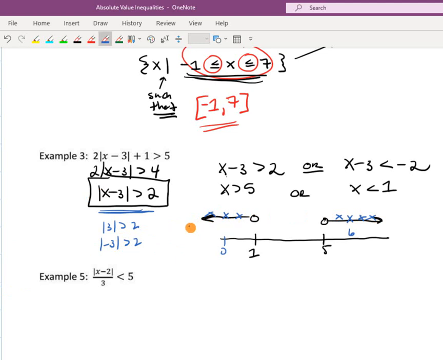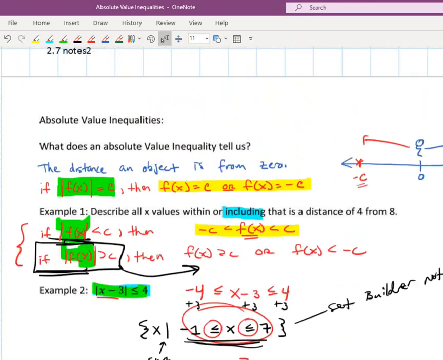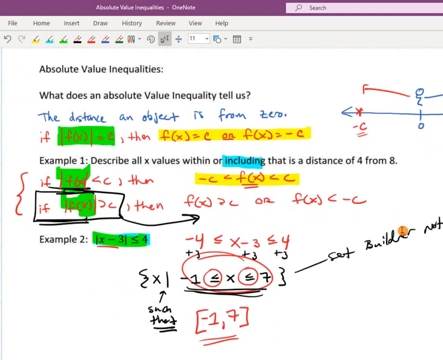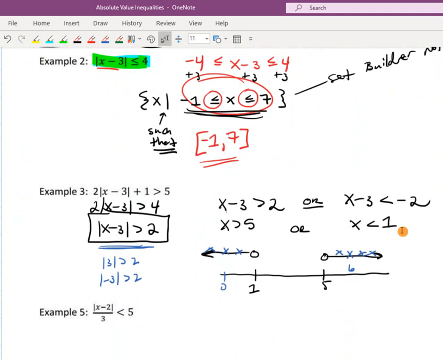If we make an argument about what we said right here, it says describe all x values within or including that is a distance of 4 from 8. Let me remind ourselves of what that looked like. I guess it was less than 4. So this one was less than a distance of 4 from 8. This here would say more than a distance of 2 from 3.